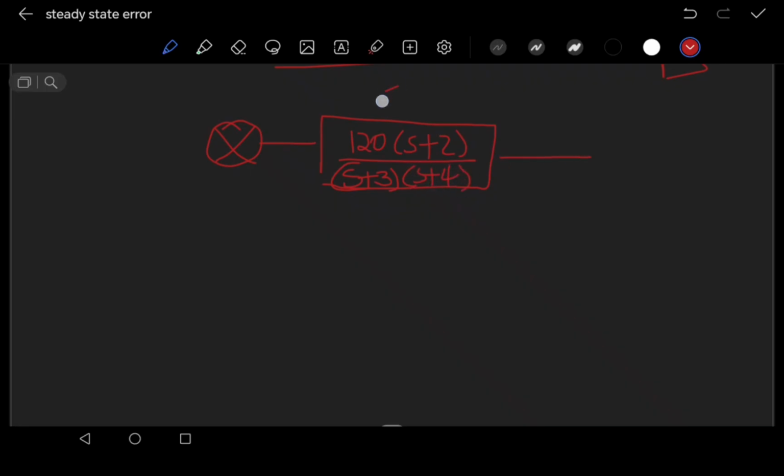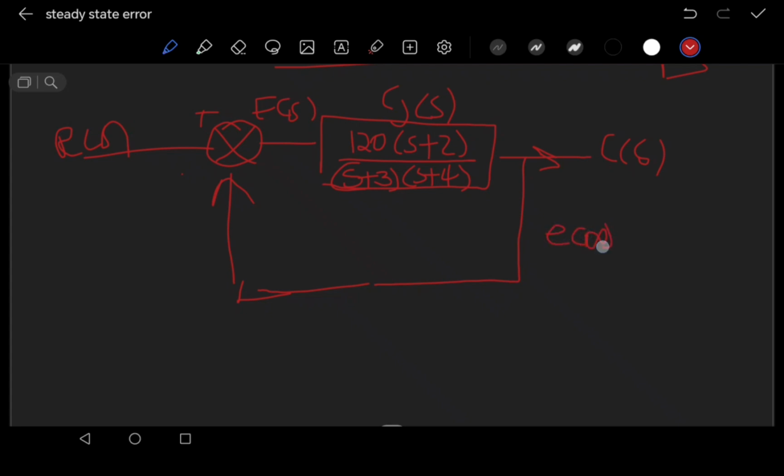So basically this is g of s. So c of s, there comes the feedback line, plus or minus, r of s, e of s, of course, right? So what was the final answer of the steady state error in terms of g of s?